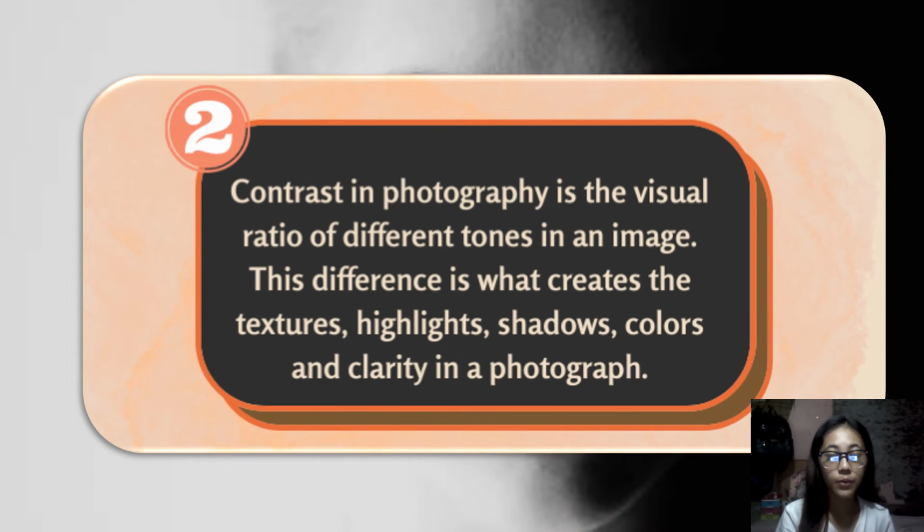Okay, so the contrast in photography is the visual ratio of different tones in an image. This difference creates the textures, highlights, shadows, colors, and clarity in a photograph. Well, the purpose of contrast is to emphasize or exaggerate intended meaning, right? And this is done to make the meaning clearer or more effective.